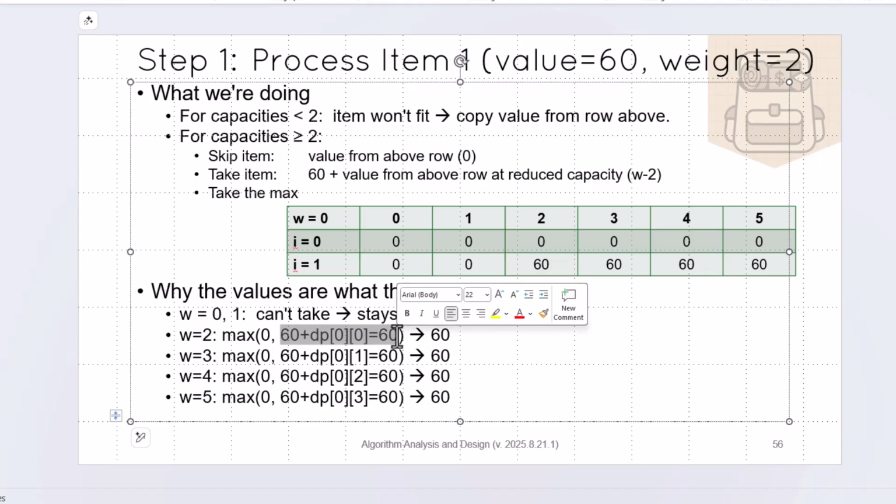So we keep what was in the knapsack but also add this new thing. There wasn't anything before, so DP[0][0] is just 0. We're just adding our 60 here, and our 60 is bigger, so we take that. So we take this item in all of these instances.